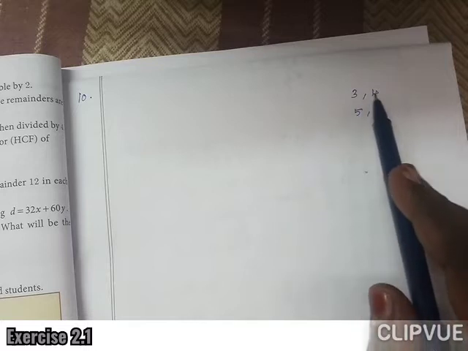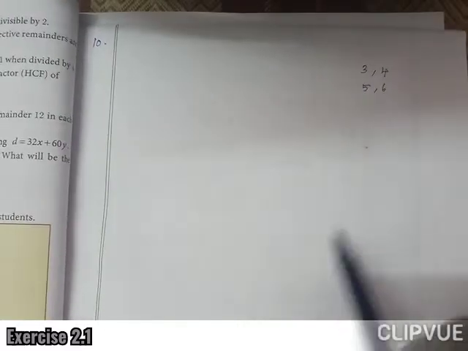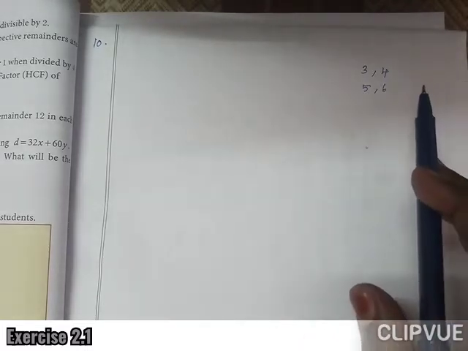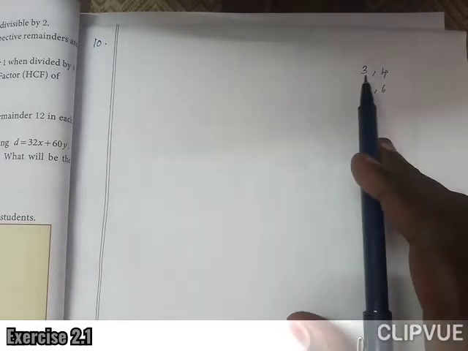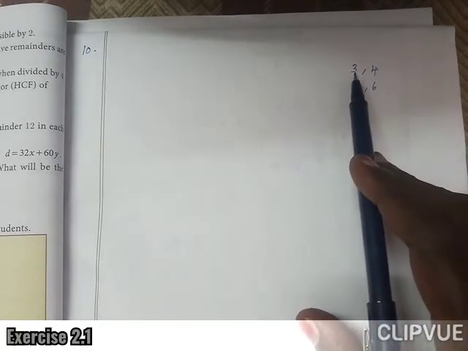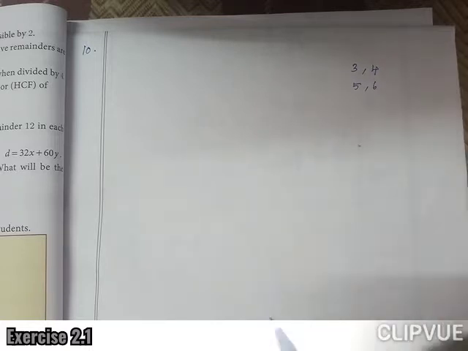Listen carefully. HCF of 3 and 4 is 1. Actually GCD, you have learned in lower classes. GCD of 3 and 4 is 1 because there are no values that divide the two numbers 3 and 4, only 1.